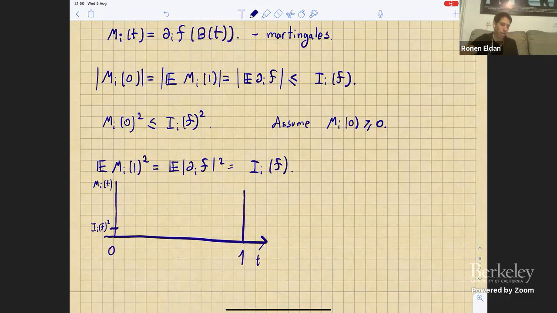At time 1, this martingale is equal to either 0 or 1, obviously, because at time 1 we know whether the ith derivative is 0 or 1 at the point where we reached. In between time 0 and time 1, it looks maybe something like this. So it's a martingale. It starts from a small value, and it ends up either at 0 or at 1. Again, we're thinking about a monotone function right now. Otherwise, it could also be -1, but it doesn't matter so much.